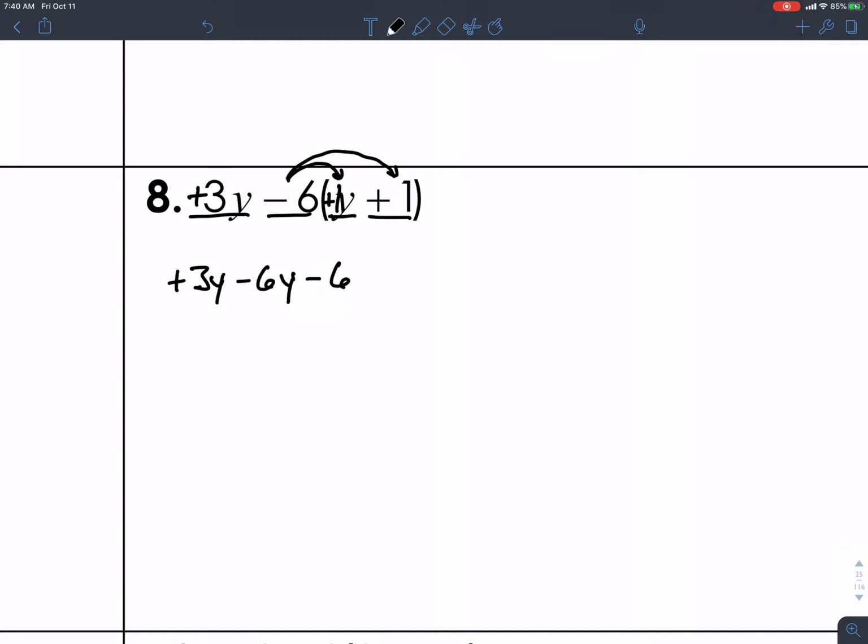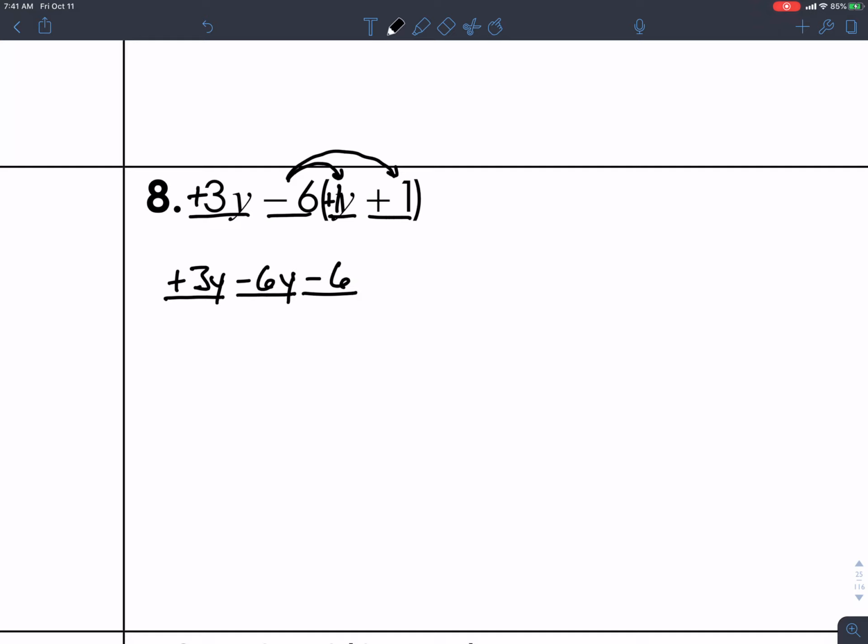Now do I have everything combined? Well, no, I have two terms that both have y's in them, so I can combine those. But let's go ahead and underline and figure out if our terms are complete. Do all of them have a sign? Yes. Do all of them have a number? Yes, so we're good. Let's underline them with the sign. Now combine the ones with the like terms, with the same variables.